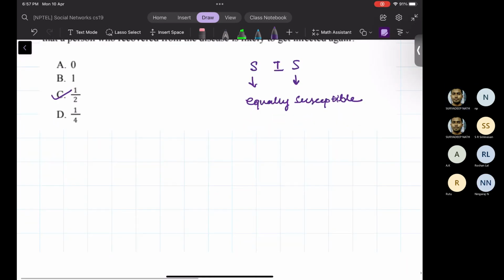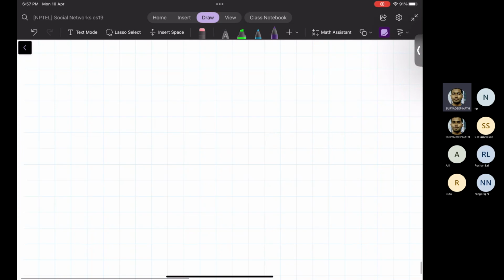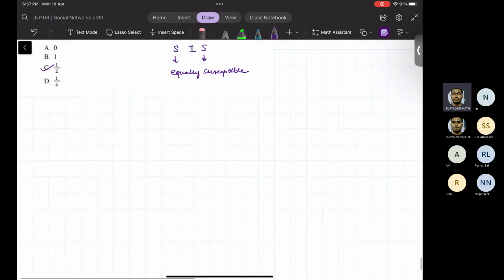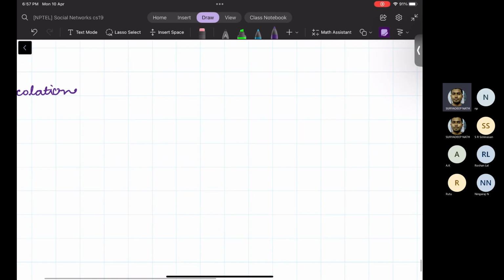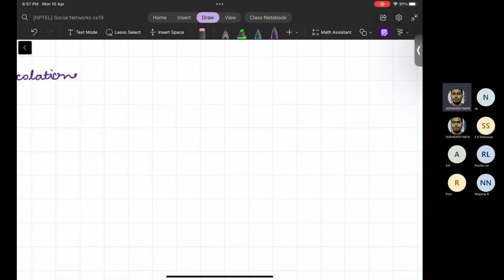So let us do this calculation. The question is like this. You have, let's say, a network of nodes.